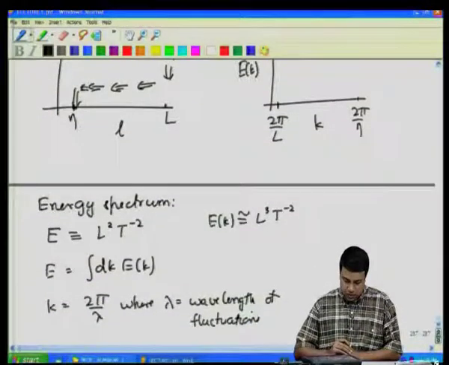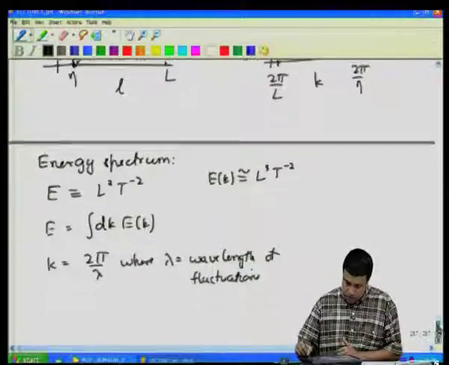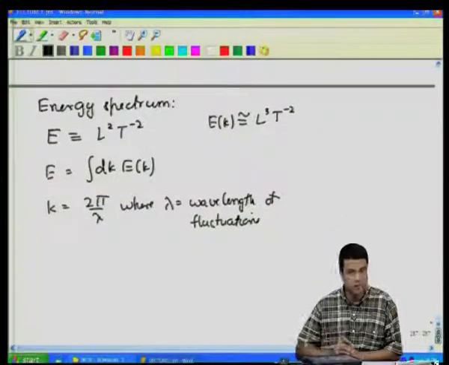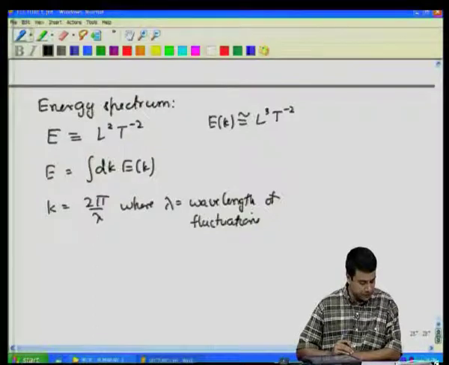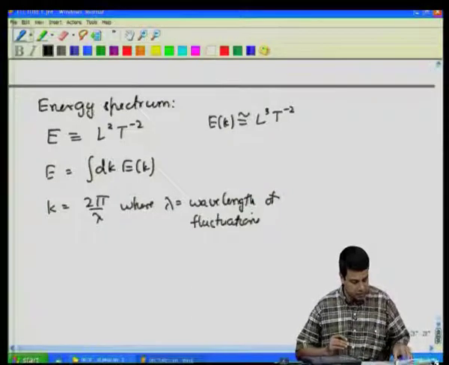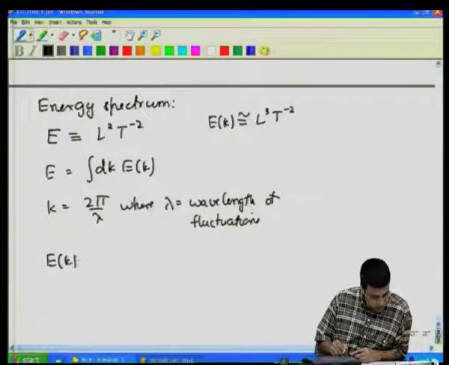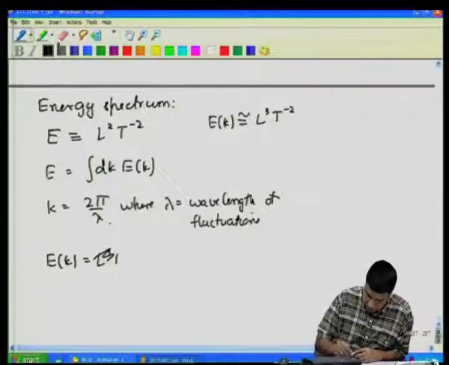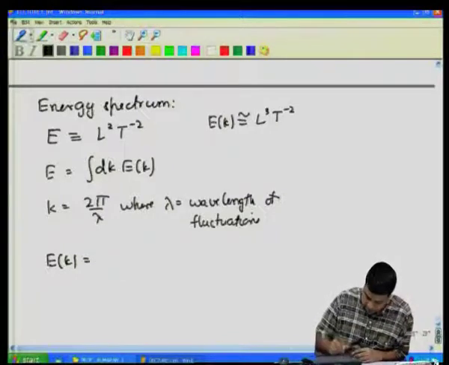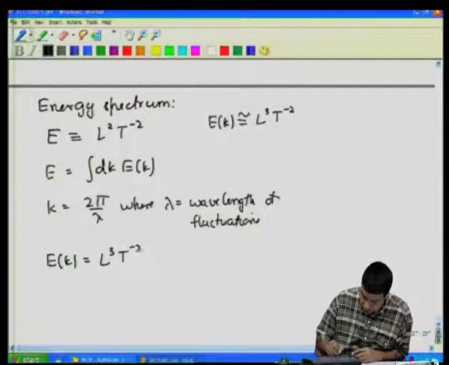So, you can get some universal features of this E of k, the energy spectrum itself. For example, if you were at the smallest Kolmogorov scales, just from dimensional analysis, the smallest energy scale has to go as length cube T power minus 2.